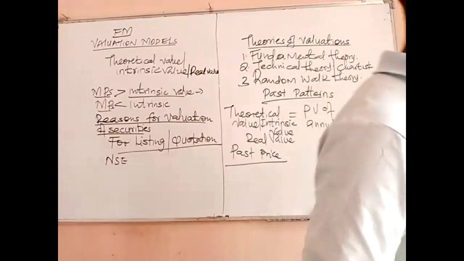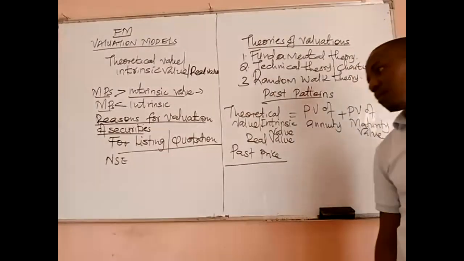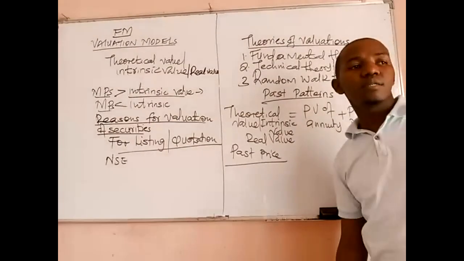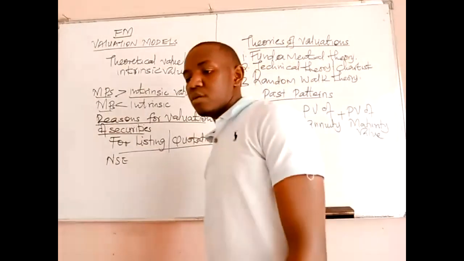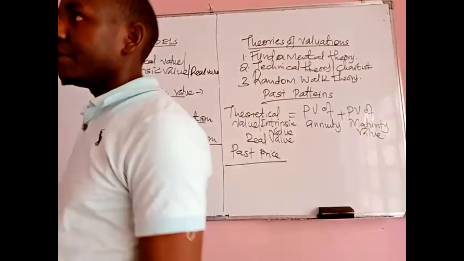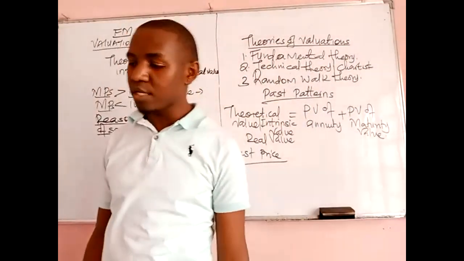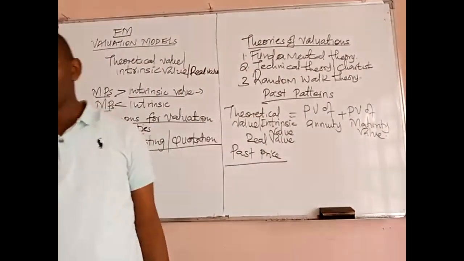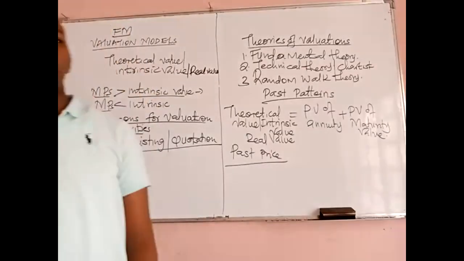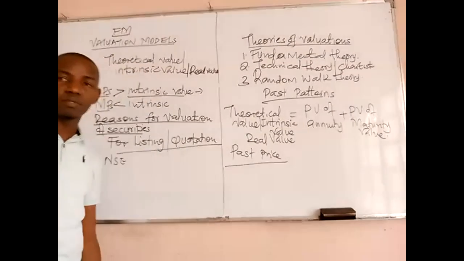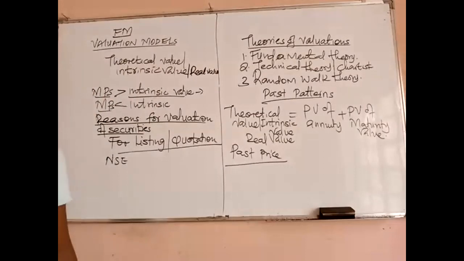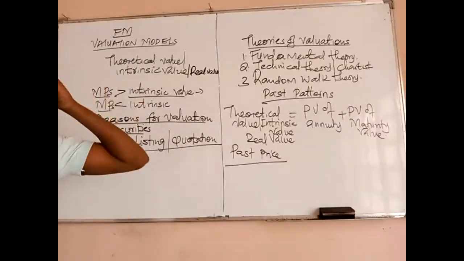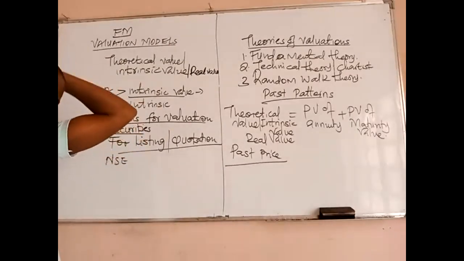See, the theory identified 3 levels of price pattern trends, which include number 1, the primary trend or pattern.